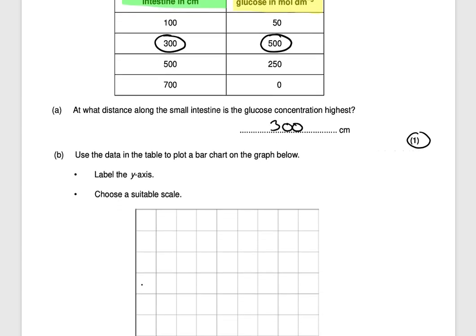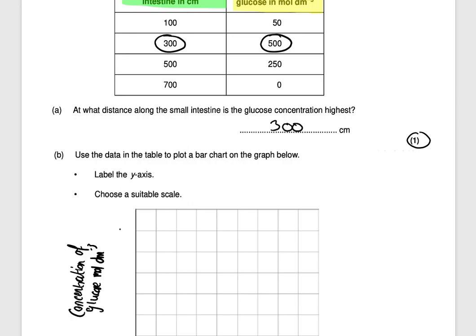So we're just going to write down concentration of glucose, and it's measured in mol dm to the power of -3. Okay, so we've got our y-axis labeled.